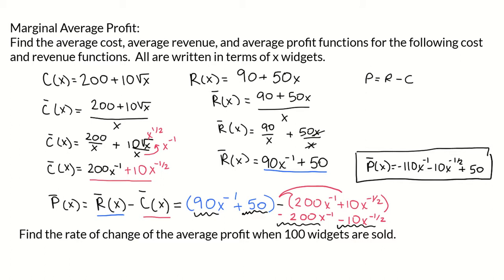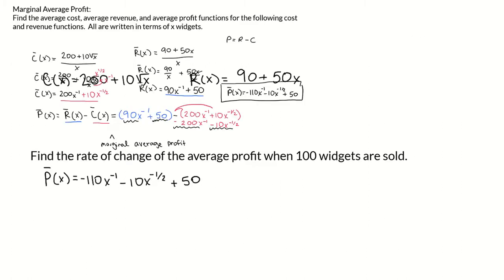Okay, now we're going to think about the rate of change of the average profit, or the marginal average profit is another way to think about this. So rate of change of the average profit, marginal average profit, those mean the same things. We're going to think about that when 100 widgets are sold.